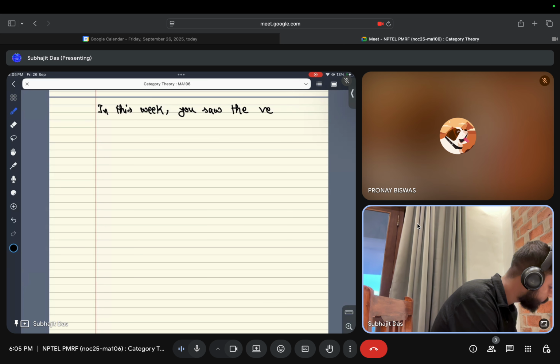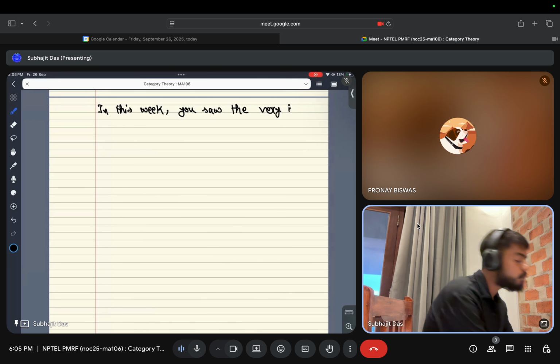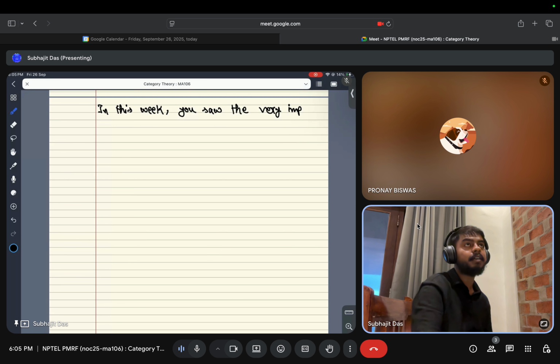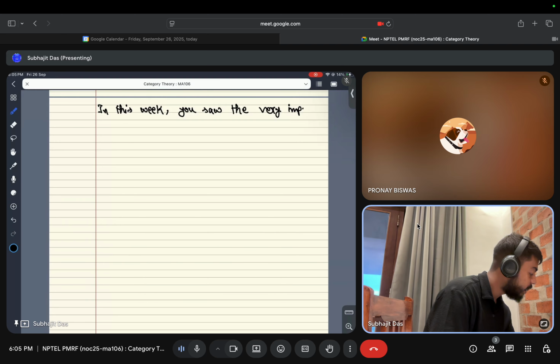As I was mentioning last week, we had just started working with abelian categories, and as I mentioned, abelian categories are like the gateway towards categorical algebra, which is a pretty vast area.